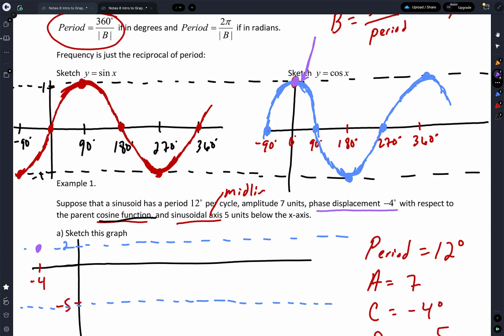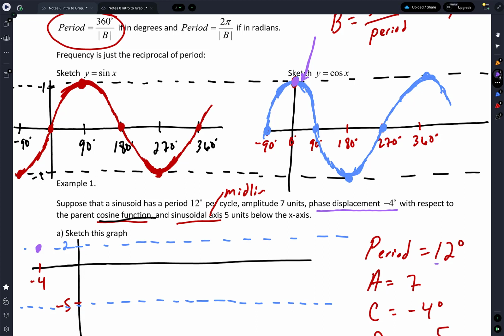So I'm going to come over here so you can see it visually better. Imagine that I could just drag this graph 4 units to the left. If I drag it 4 units to the left, that peak is going to be at the -4. Correct.